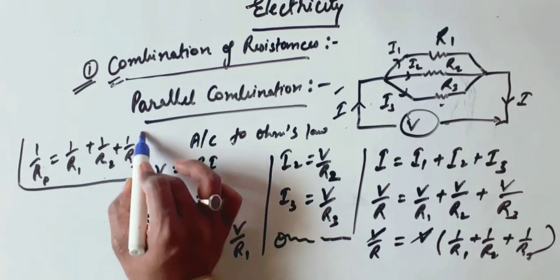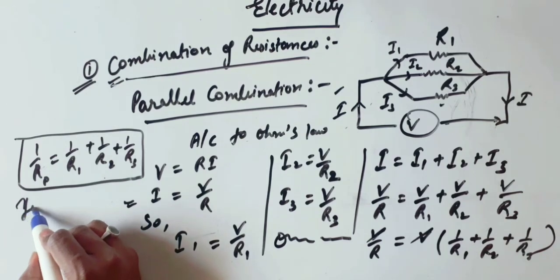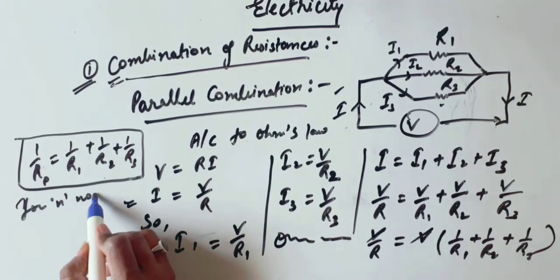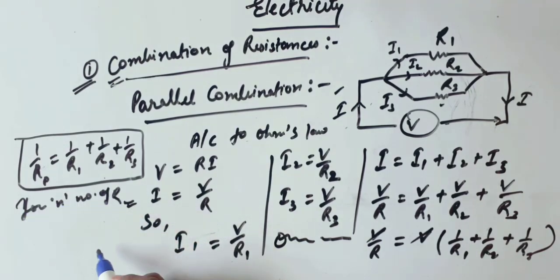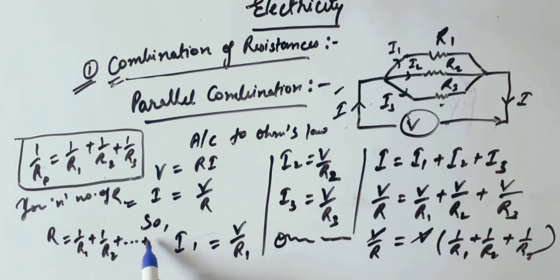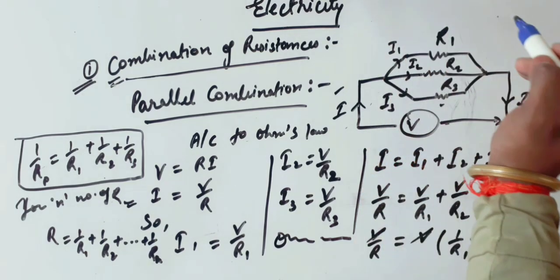Okay, so for n number of resistances, 1 upon R will be equal to 1 upon R1 plus 1 upon R2 plus dot dot dot plus 1 upon Rn.